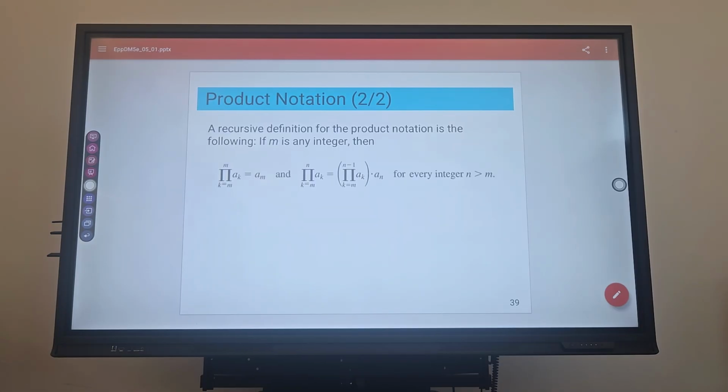And the product of a sub k from k equals m to n equals the product of a sub k from m to n minus 1 times a sub n for every integer n greater than m.